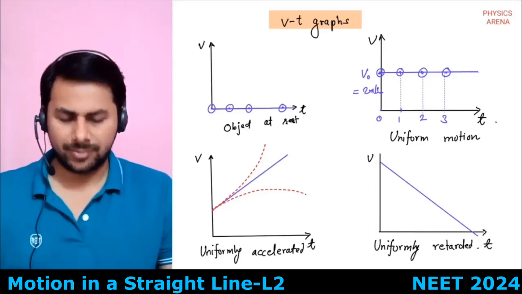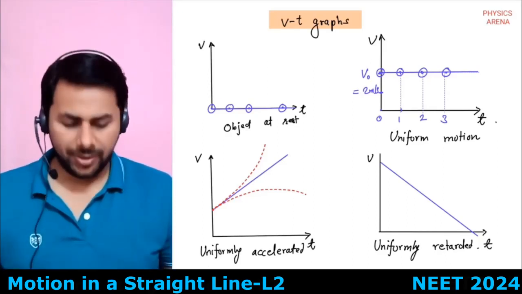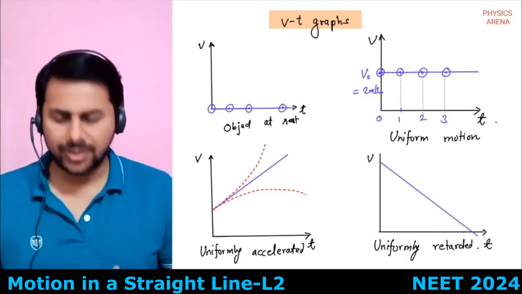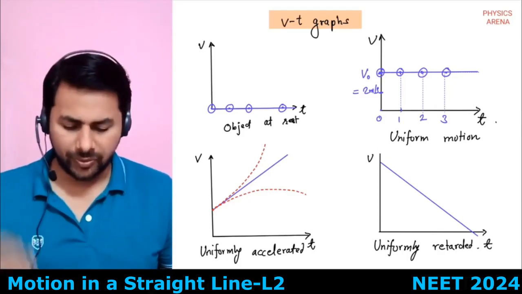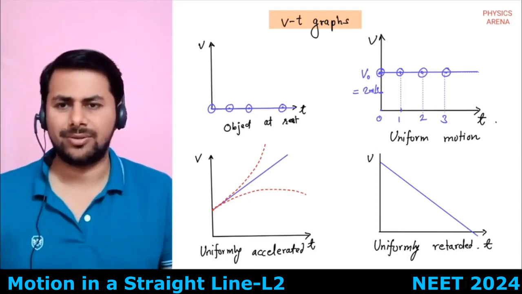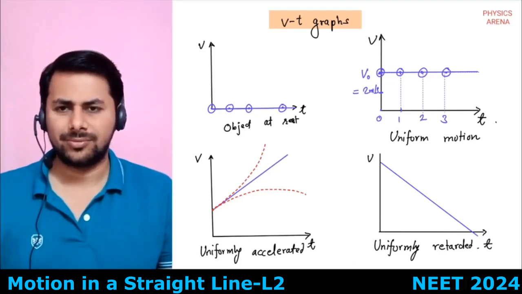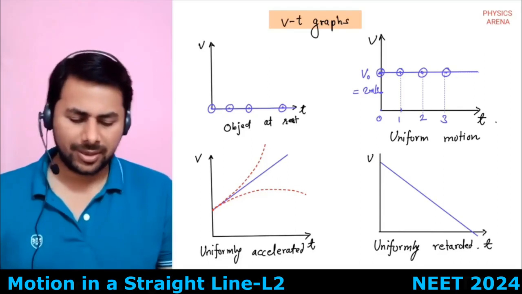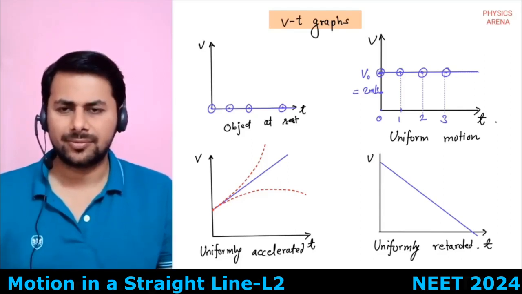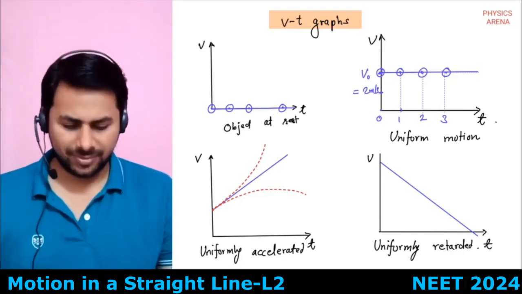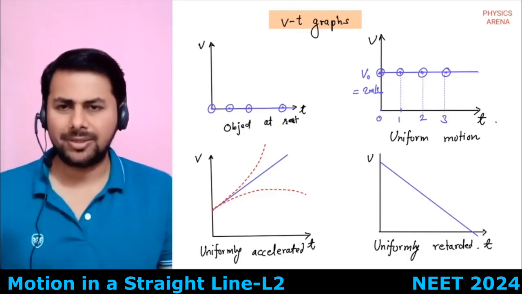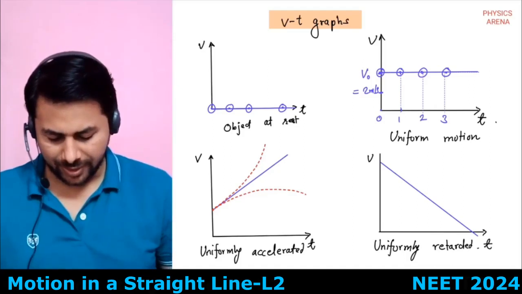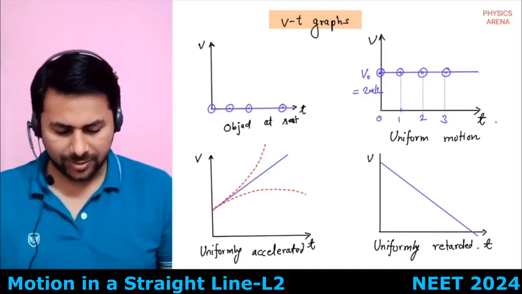Yes, sir. So now you tell me what are the things that you can find out from the velocity versus time graph? Displacement, sir. You can find out displacement, and what else? Acceleration. So how can you find out displacement?